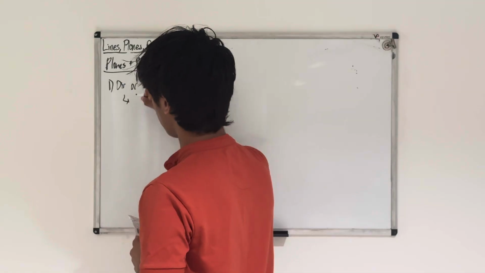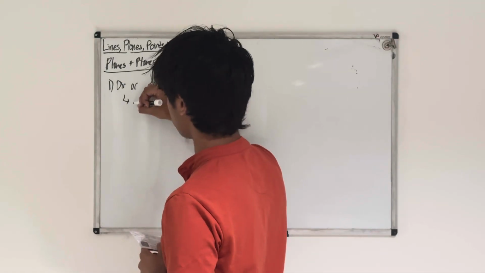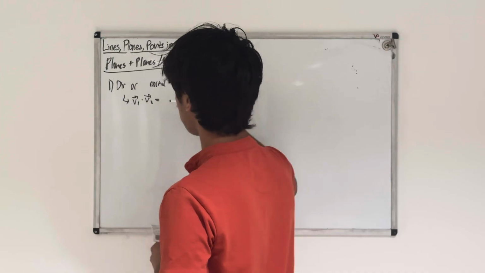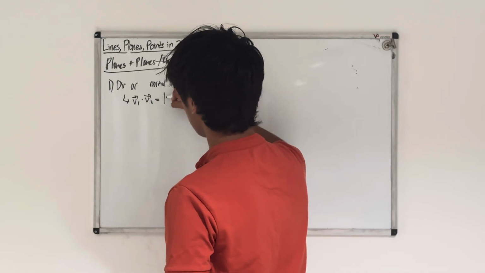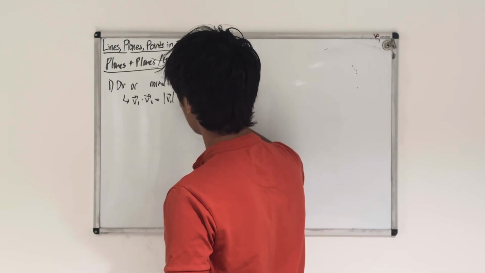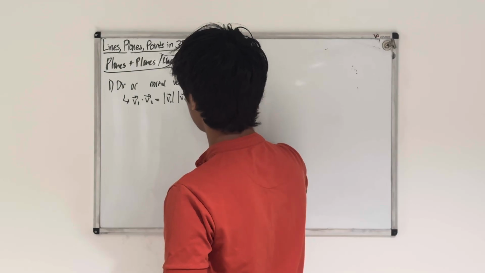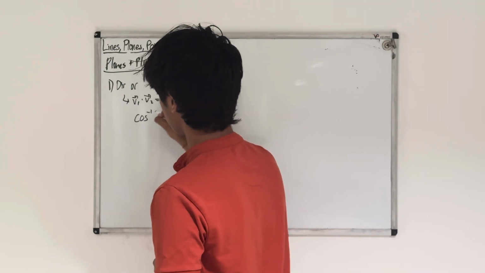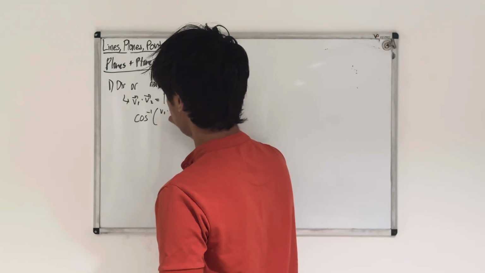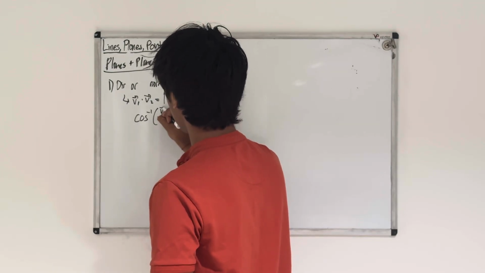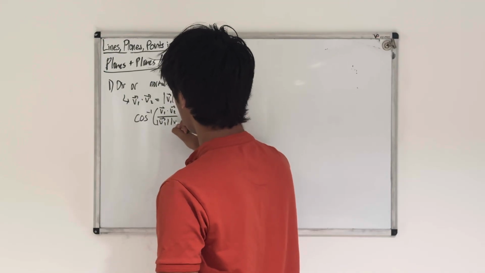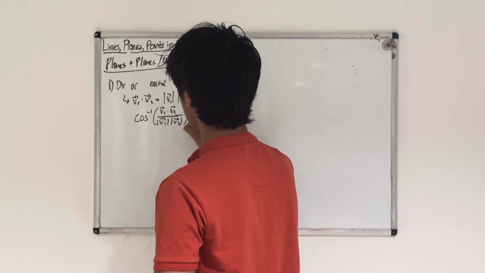So we know that, let's say we have vector 1 and vector 2, we have two lines, the magnitudes of the vectors times cosine theta is equal to the dot product. Therefore, the inverse cosine of the vectors dotted, divided by their magnitudes multiplied, equals theta.